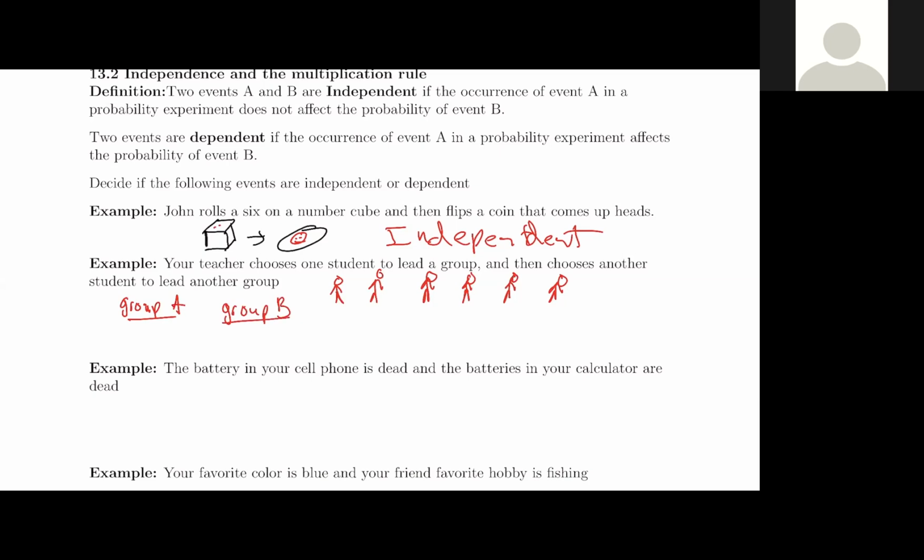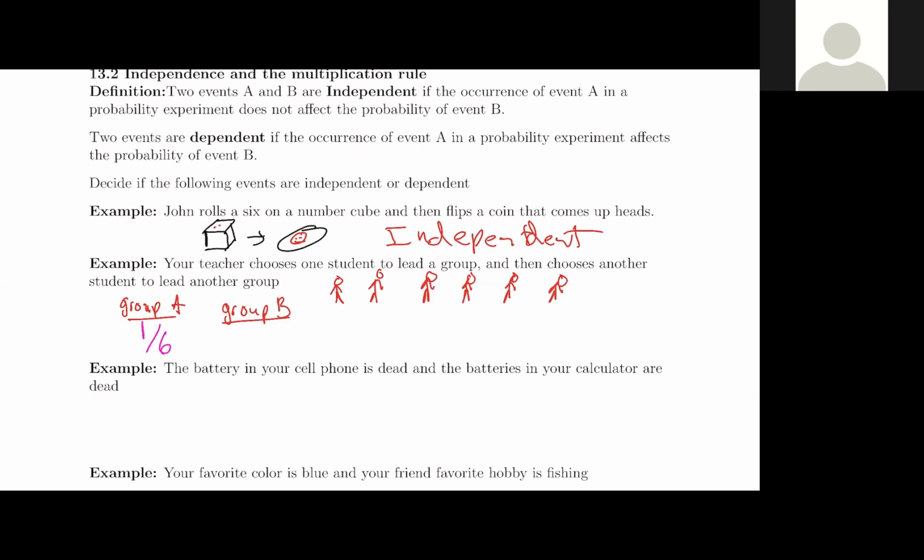So when I'm choosing a leader for group A, how many options do I have to choose from? 6. Cool, so I have 6. But of those 6, how many of them am I going to choose to be a leader? 1.